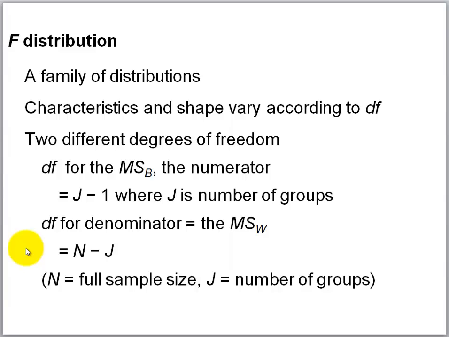How many degrees of freedom are there associated with the mean square within? So you would sum 30 plus 30 plus 30. You would have 90 total cases. That would be n. You would subtract j. There are 3 groups, so 90 minus 3 equals 87 degrees of freedom associated with the mean square within.